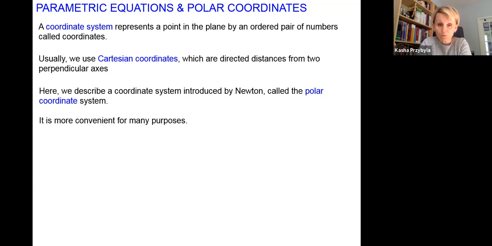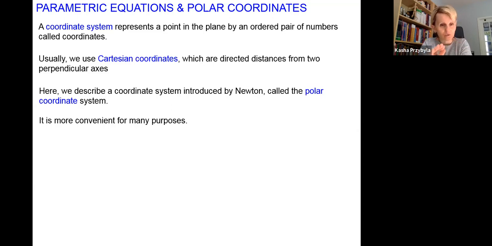Polar coordinates are definitely different than the Cartesian coordinates, because the Cartesian coordinate system is just the XY plane, and we're looking for the perpendicular distance, like a right angle distance. We move along the X and along the Y axis. Polar coordinates are a little bit different. We will still have a plane, and we will adopt the XY plane, but we will look at different things.